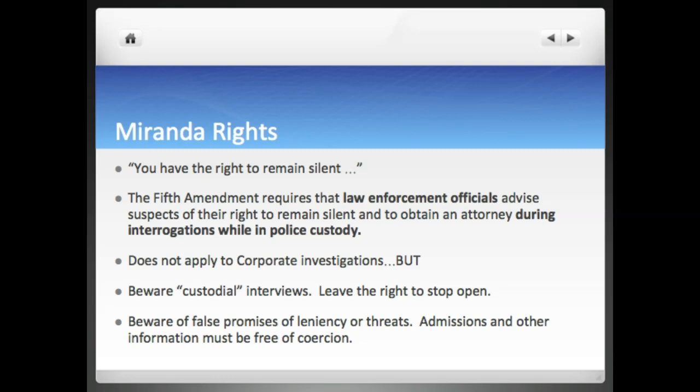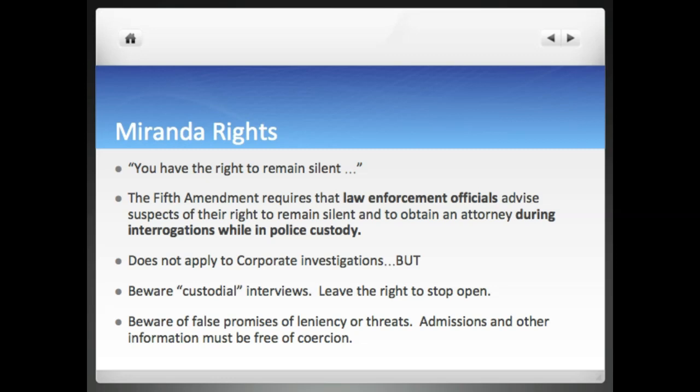A court found that the police had a duty to warn people that they can remain silent, that they don't have to self-incriminate. The whole basis of the Fifth Amendment was that you don't have to self-incriminate, and the Miranda cases found that police had an obligation to warn people. That's where the whole "you have the right to remain silent" Miranda warning comes from, right?